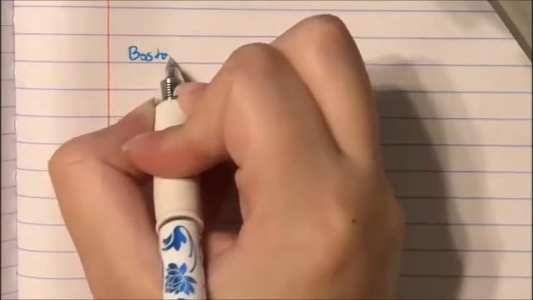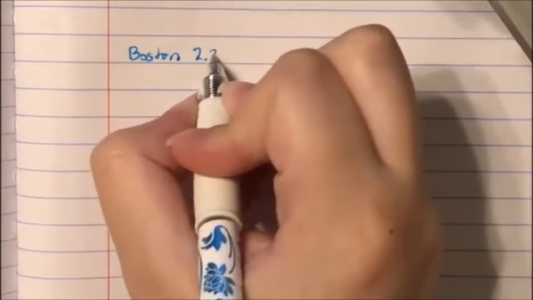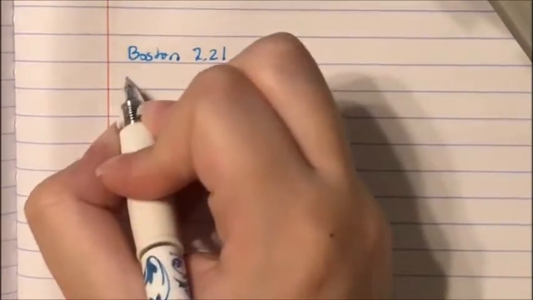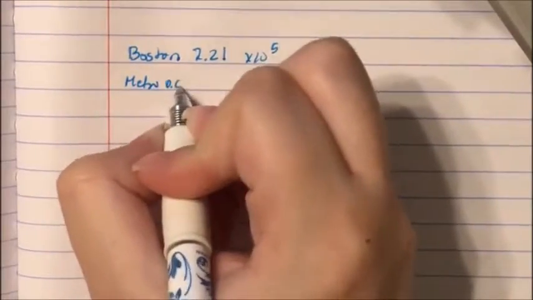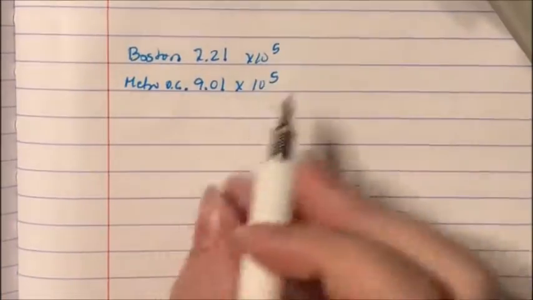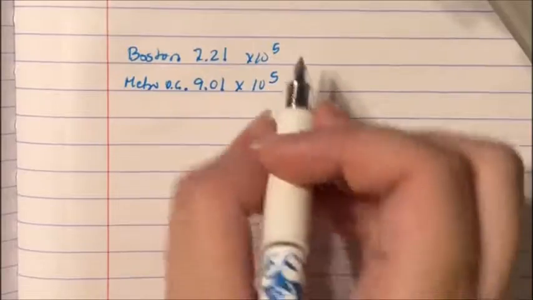So I can look at them, right? I'm going to go over here to my workstation. So I have Boston, that's 7.21 times 10 to the 5th. And I also have Metro DC, which is 9.01 times 10 to the 5th. Okay, they're both 10 to the 5th.